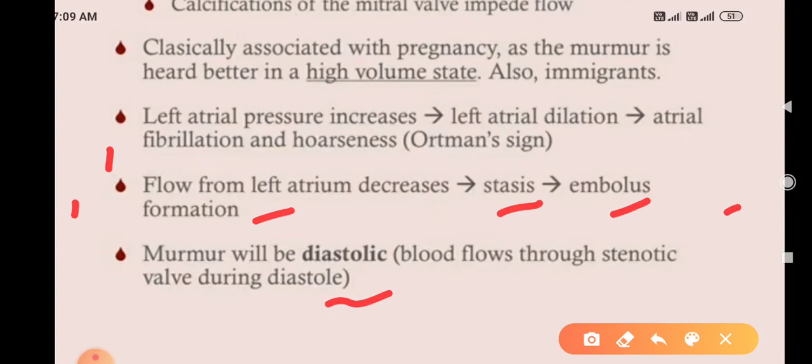That's why during diastole, or relaxation, the murmur occurs. The murmur occurs because less blood enters the left ventricle, but the back pressure in the left atrium increases.